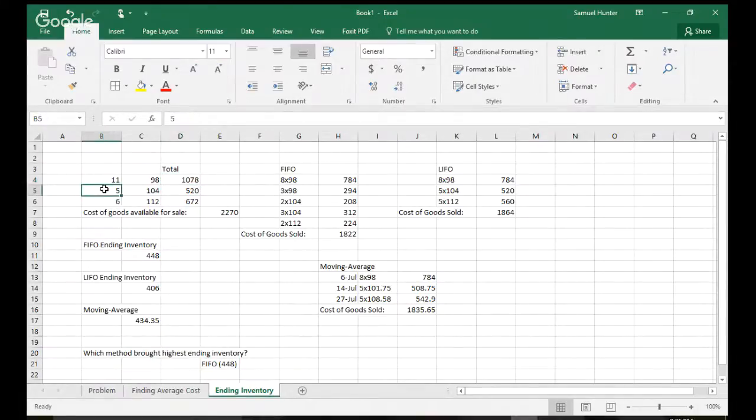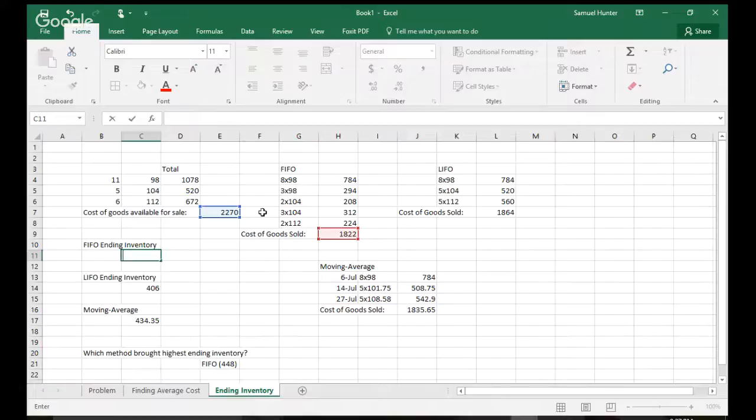Then we purchased 5 more at 104 for 520. And then we purchased 6 more at 112 for 672, which leaves us with our cost of goods available for sale of 2,270.